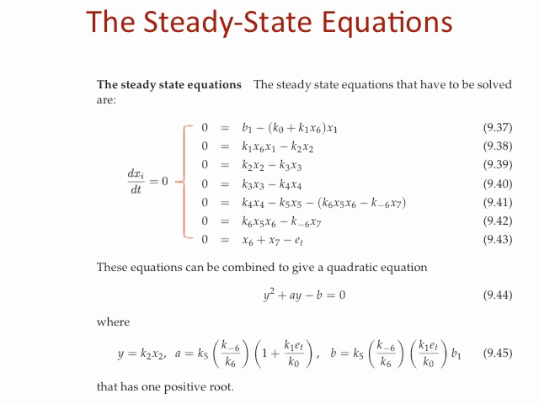A third way of doing it would be to integrate the differential equations out to a very, very long time until it reaches a steady state. So there are 3 ways in which you can find the steady state: number 1, analytically, as happened to be possible here, number 2, numerically, or number 3, by simulation to very long times. Whichever way you choose, you now have values for the concentrations that when put into the differential equations will give you zeros for the time derivatives, and you're in the steady state.